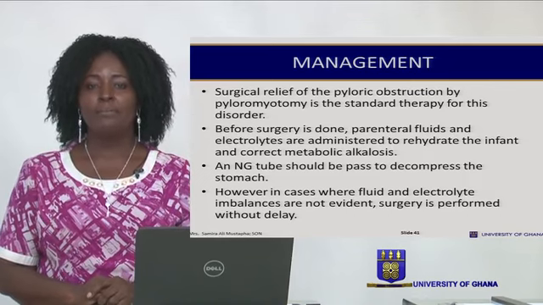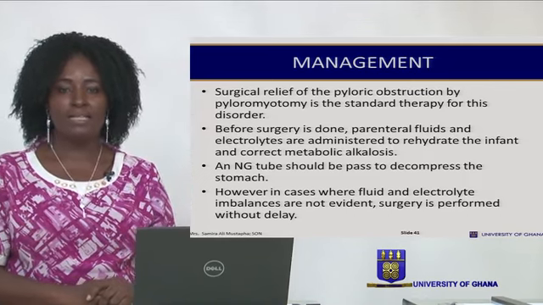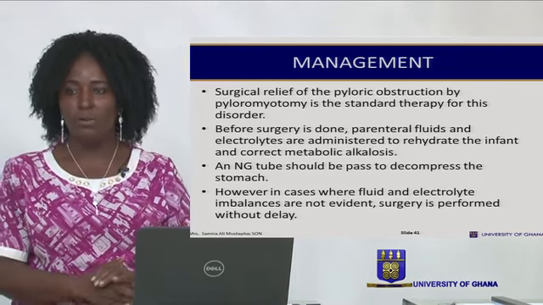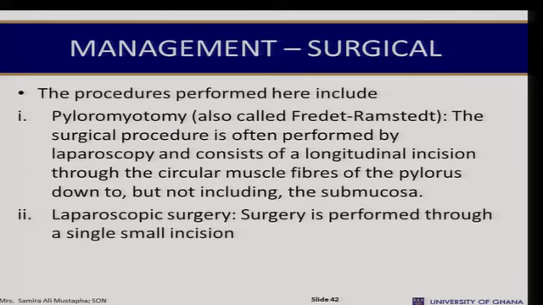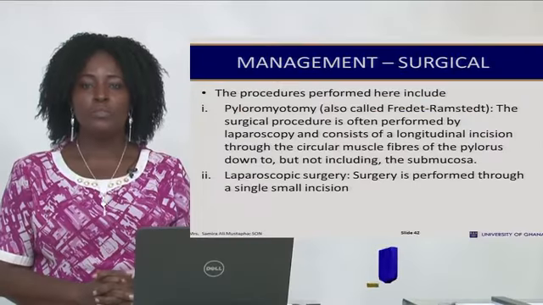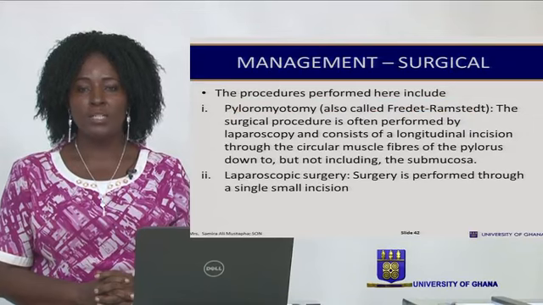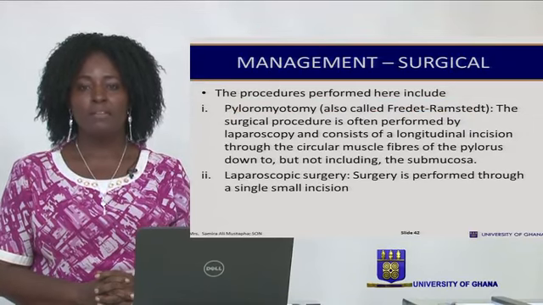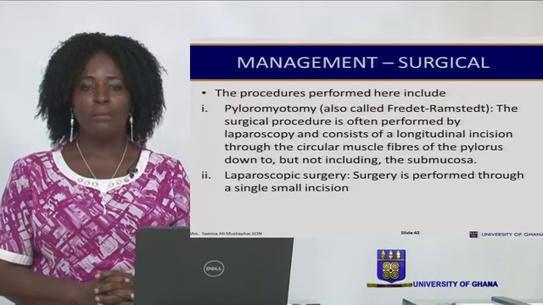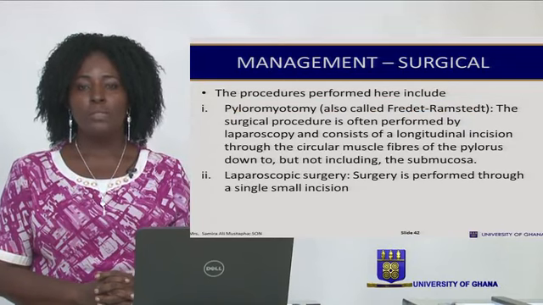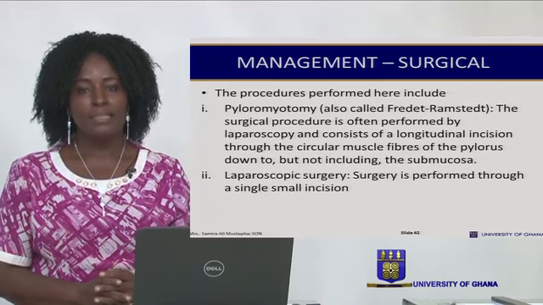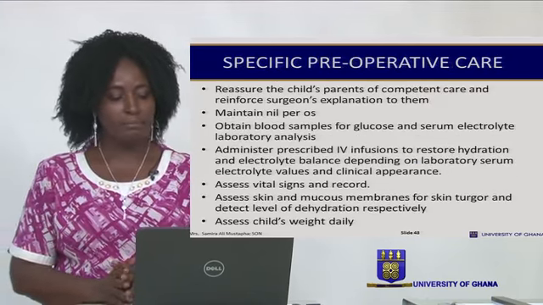However, if these fluid and electrolyte imbalances are not evident, surgery is performed without delay. The procedure performed is the Ramstedt surgery, what we call pyloromyotomy, done through a longitudinal incision through the circular muscle fibers of the pylorus, down to but not including the submucosa. So basically, this surgery is performed.